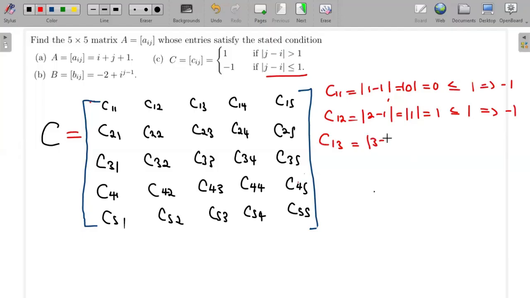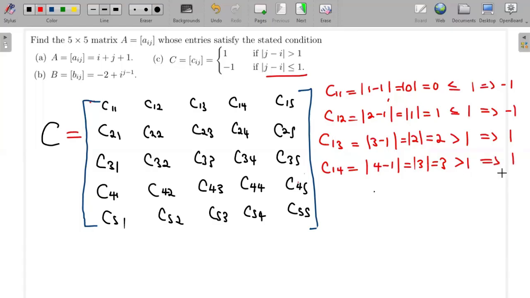What about C13? That would be 3 minus 1, the modulus of 2, which is 2. Now 2 is greater than 1, so the answer here is 1. C14 equals the modulus of 4 minus 1, the modulus of 3, which is 3, greater than 1.